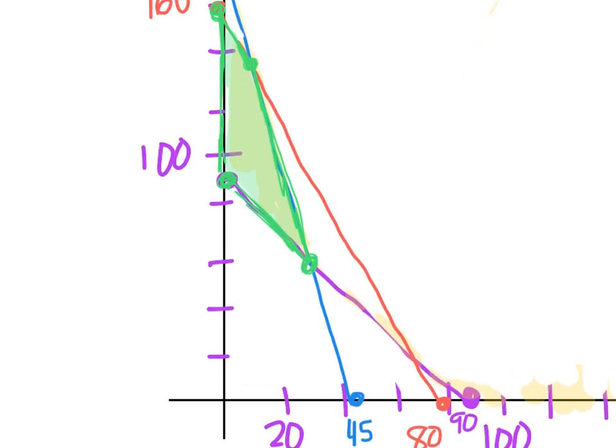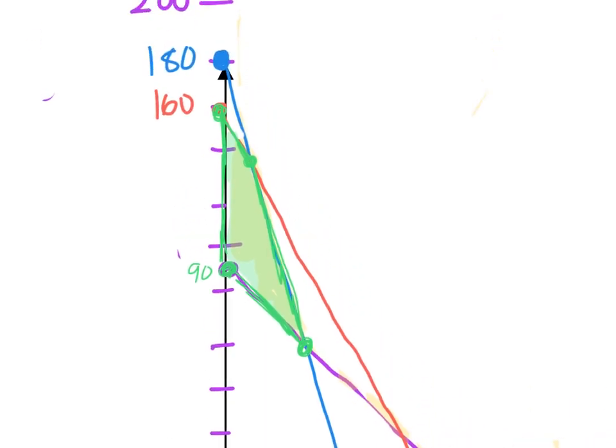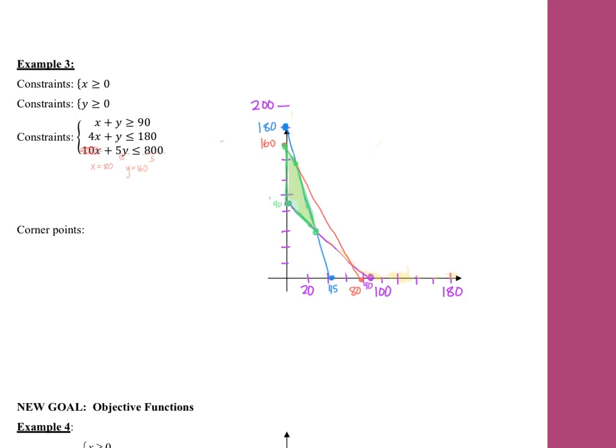Okay, this corner point here, this was not 100. The scale was 100, but it was 90 right in there. So I have one corner point of 90. I've got another corner point of 160, both on the y-axis.